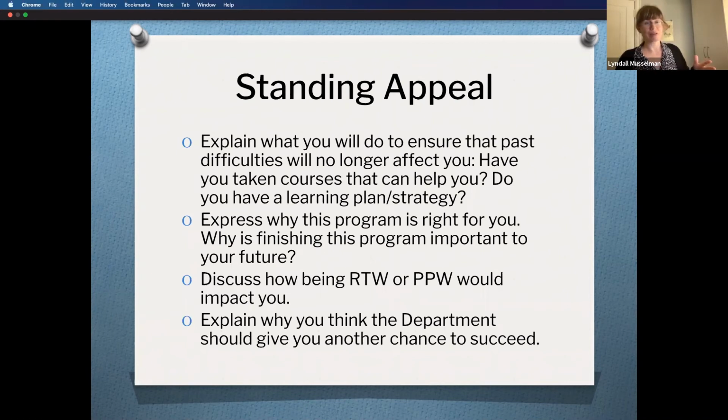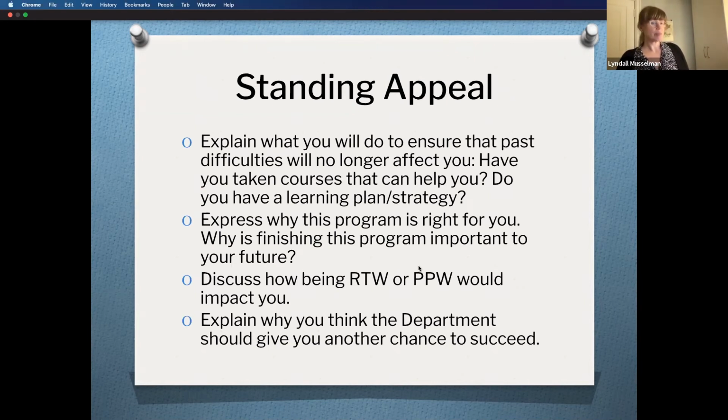Think about where you went wrong and how you can improve things going forward. Talk about how you're going to utilize a learning strategy and all the supports on campus, even remotely, that exist virtually for students to access.